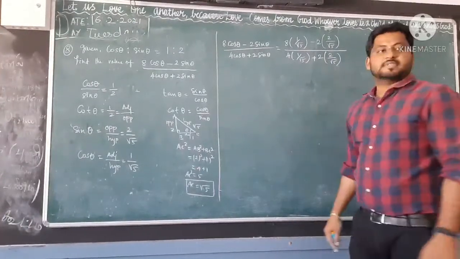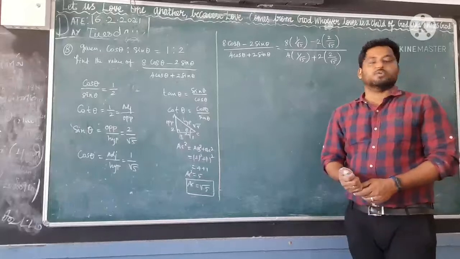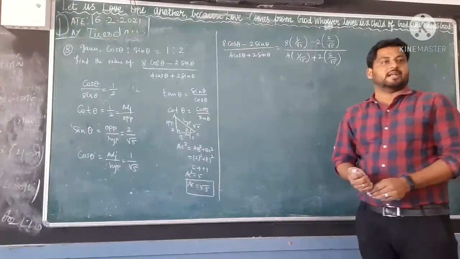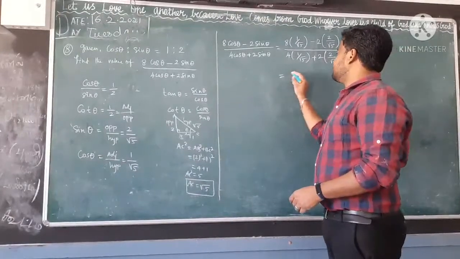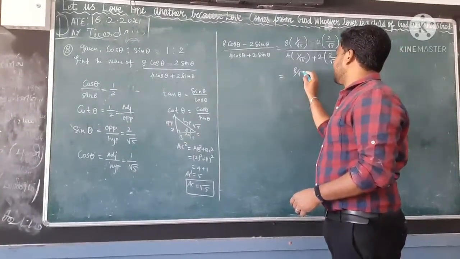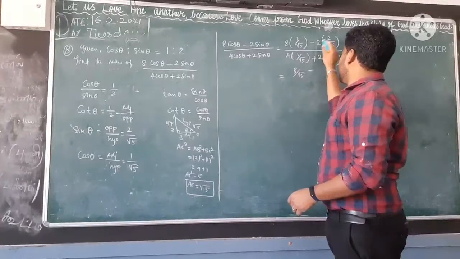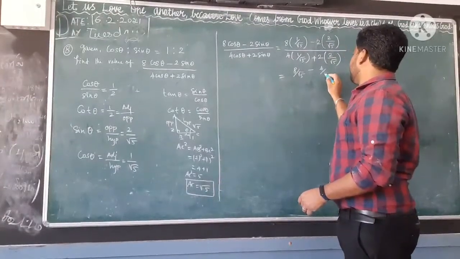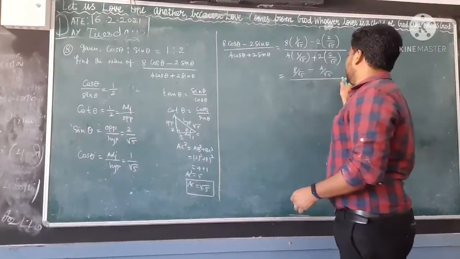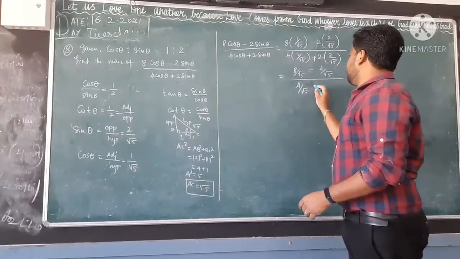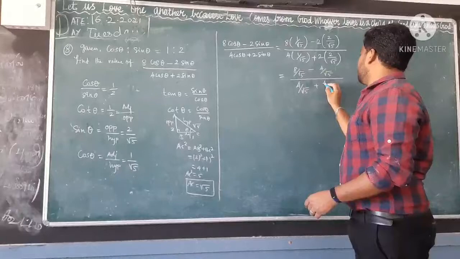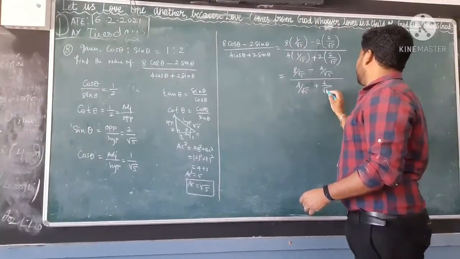Multiply the numerator values. 8 into 1 is 8, so that is 8 divided by root 5, minus 2 into 2 is 4, 4 divided by root 5. The whole divided by 4 into 1 is 4 divided by root 5, plus 2 into 2 is 4 divided by root 5.